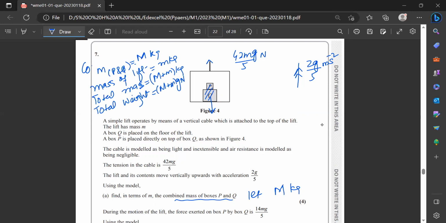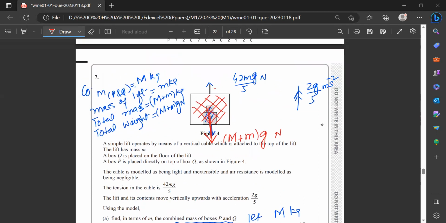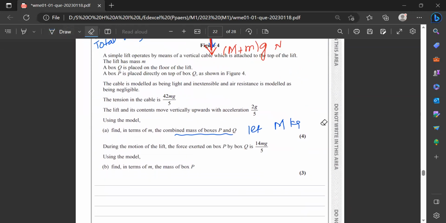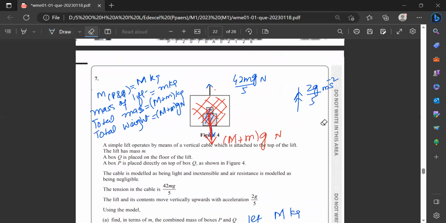So the weight which is acting vertically downwards for the whole thing is M plus m g newtons. Find in terms of m. So capital M is the question mark.